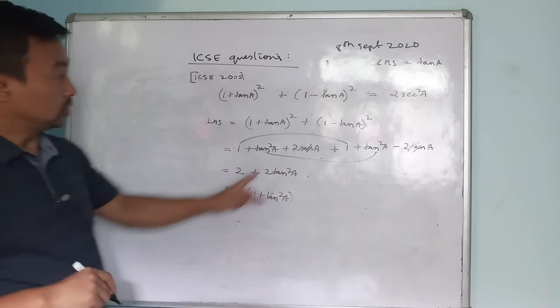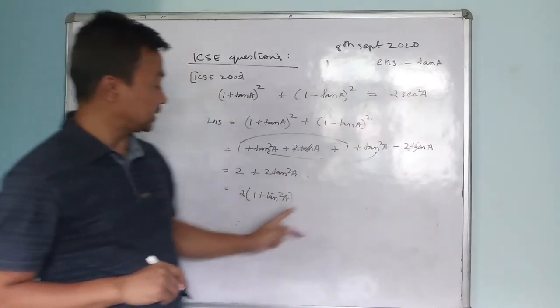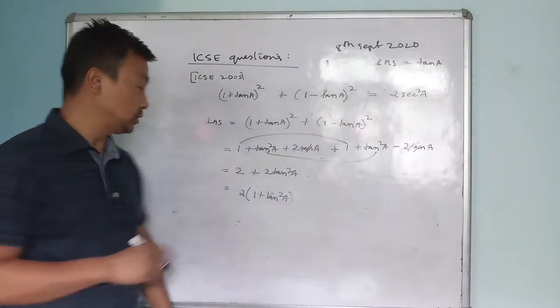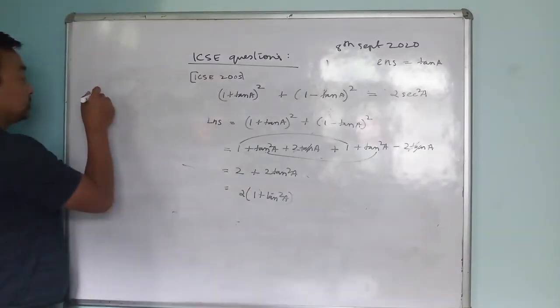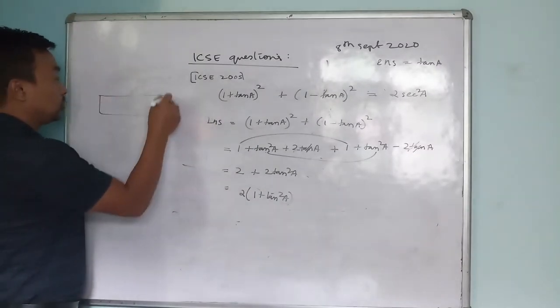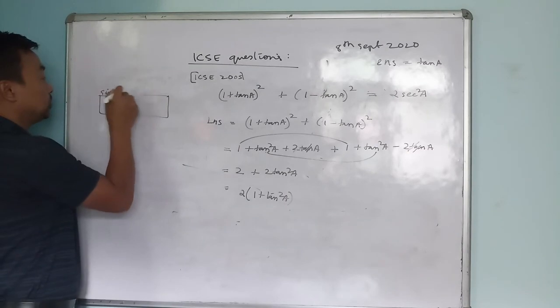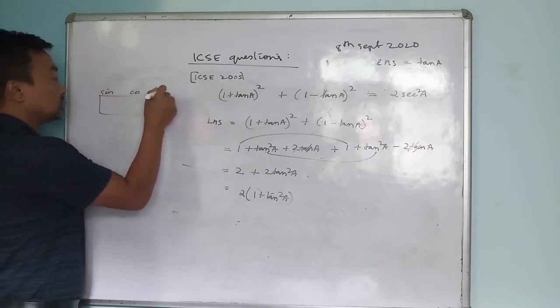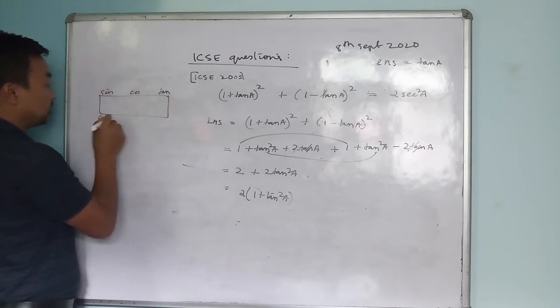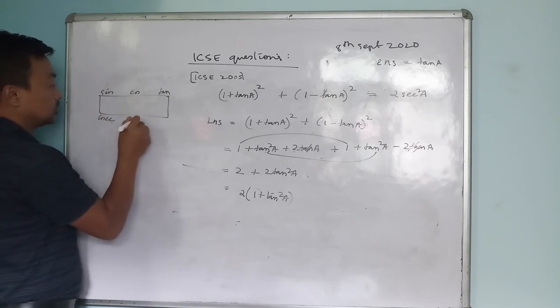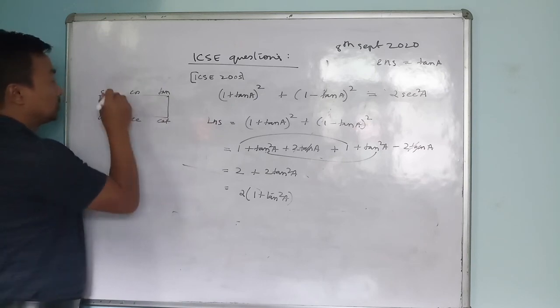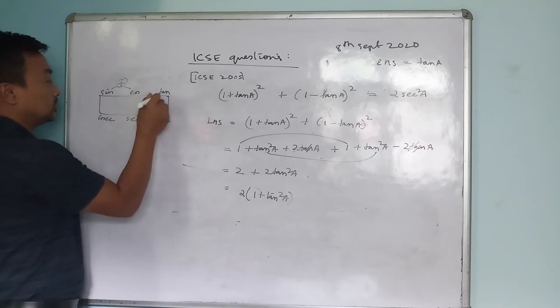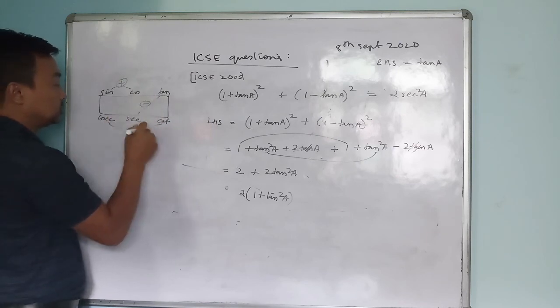Now we got the 2, and in the bracket 1 plus tan square A is, if you go to that table, last time we were doing this: sine, cos, tan, cosec, sec and cot. These two were plus, these two were minus, these two were also minus.